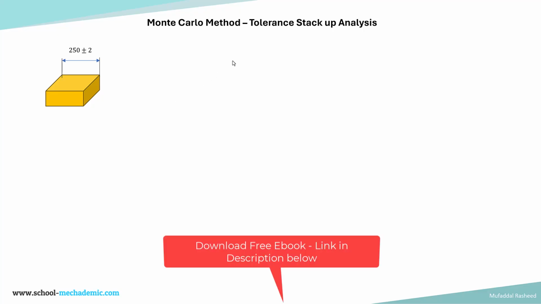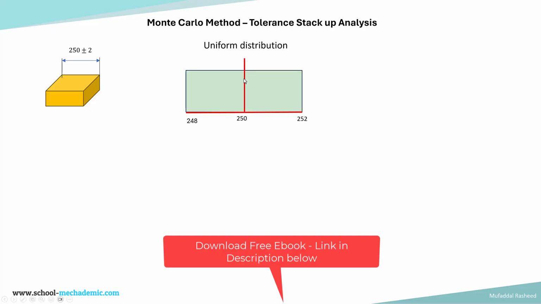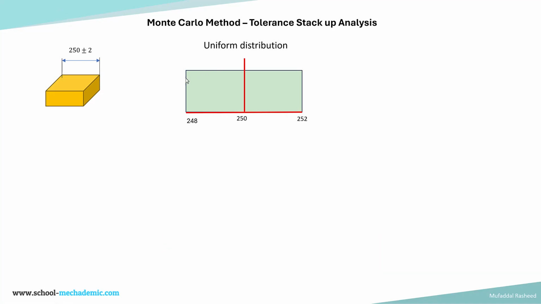Now, if we are considering that the probability of the manufacturer to manufacture the part at 248, which is the lower limit, and 252, which is the upper limit, and 250, which is nominal, is all same, then we have this uniform distribution. So this is a probability distribution of, let's say for example, if you manufacture 1000 parts, what is the probability of you getting a part which is having a specification of 248, which is the lower limit?